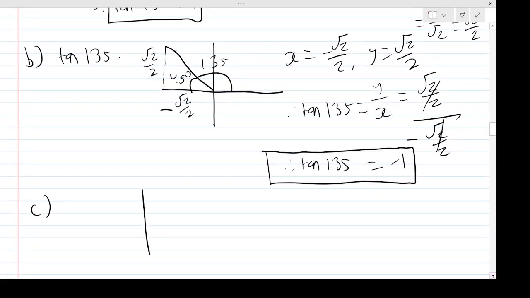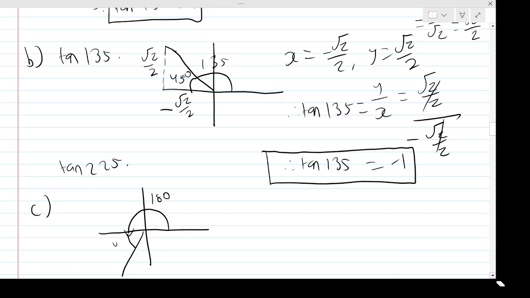So again, if we draw a little graph, firstly, 180 would be this whole line here, we end up here. But then we need to move another 45 degrees there. And that 45 degrees added to the 180 gets me 225, okay?